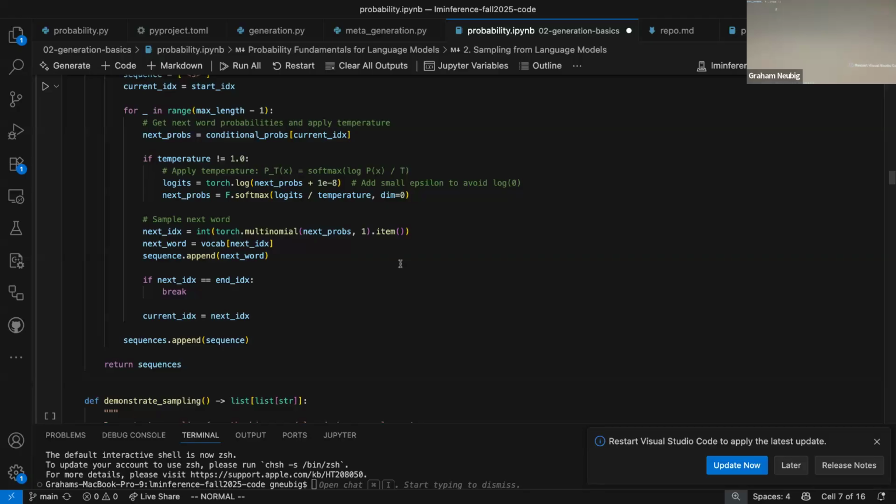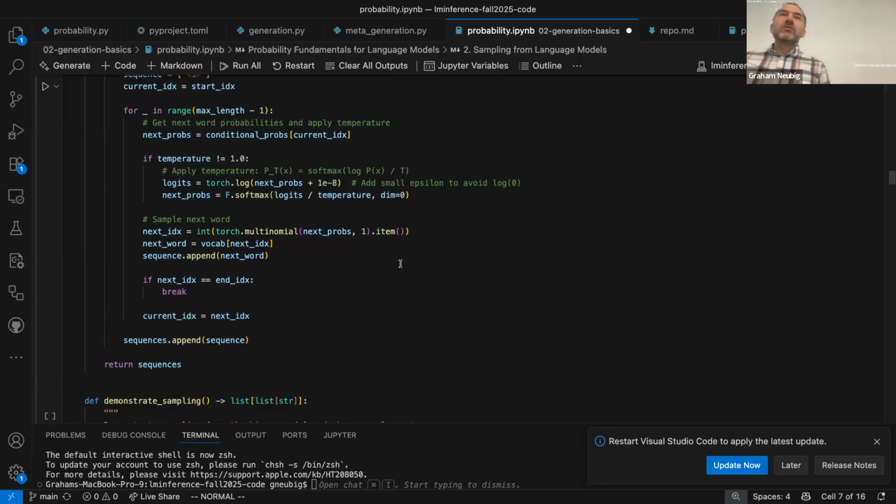So what does this mean when the temperature is 1? Any ideas? Yeah, nothing happens. It's a no-op, because you get 1/1, this is 1, and then e and log cancel out, and we get the same thing we had before.